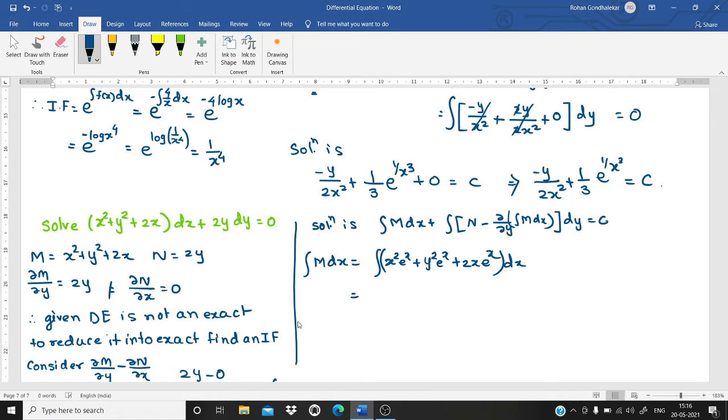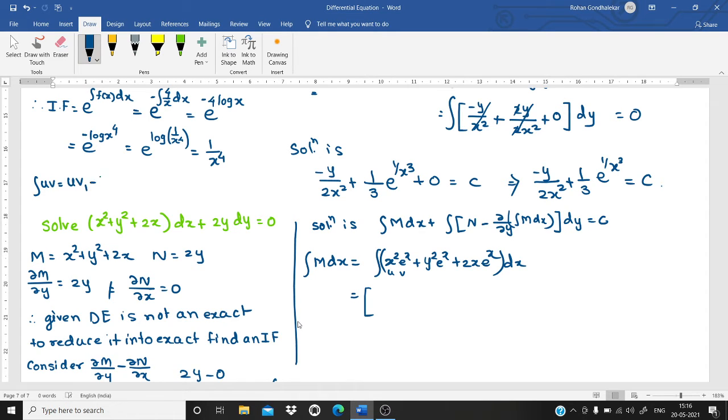In the first term, you can see the x square and the e raised to x, multiplication of two different functions as per LIATE. So x square is my u, e raised to x is my v. So we follow the integration by parts, the generalized rule. What is integration of uv?